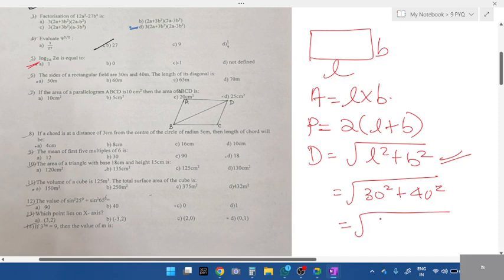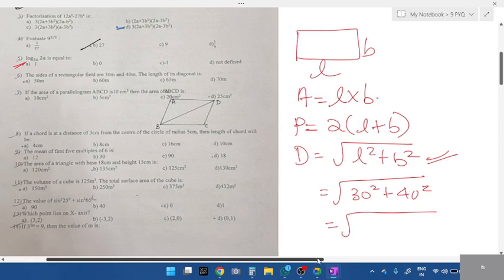What's the answer, students? Option A, 50. What about others? Completed?